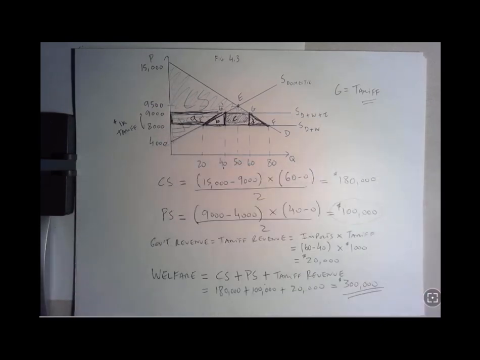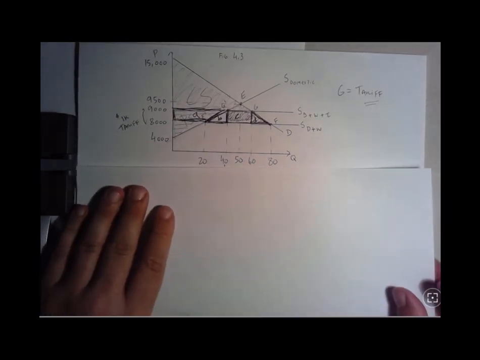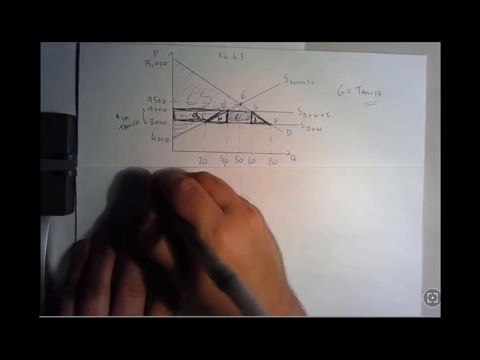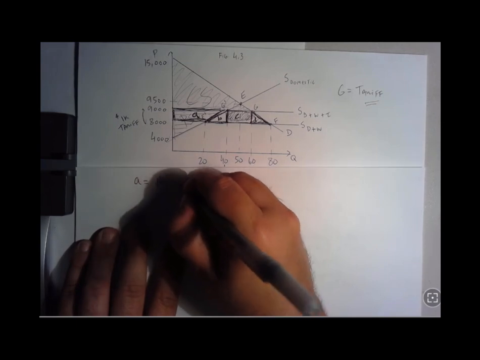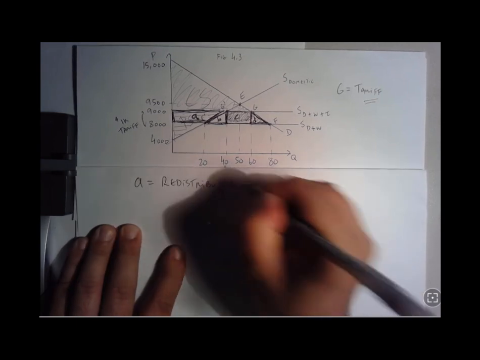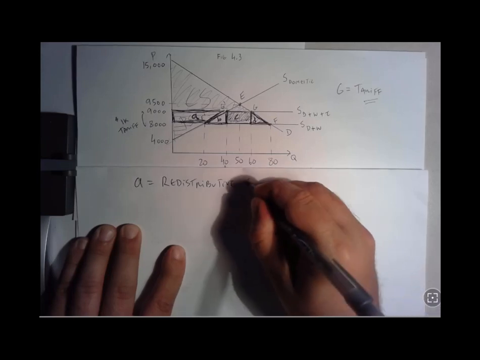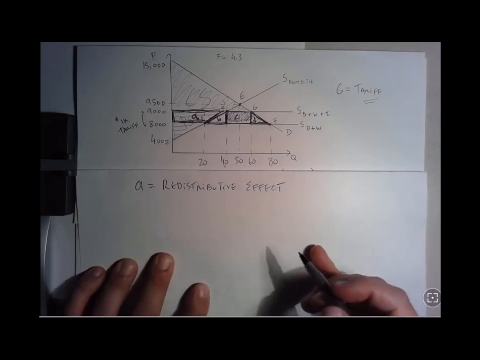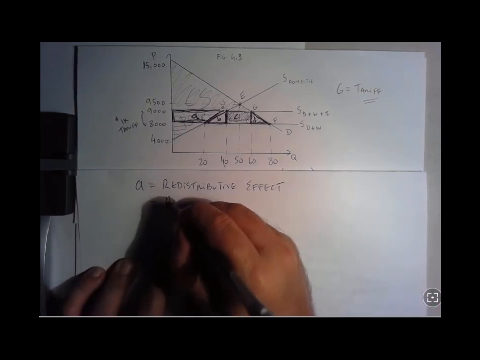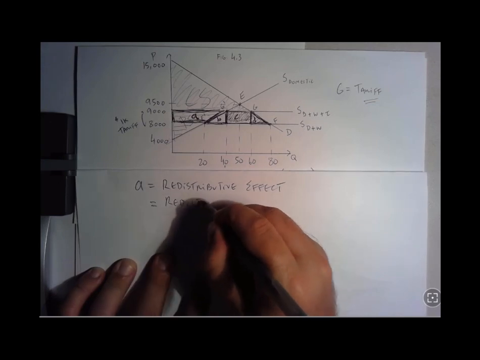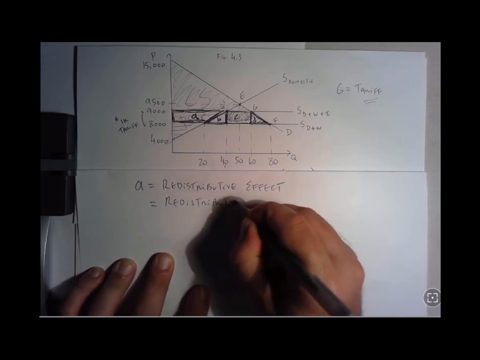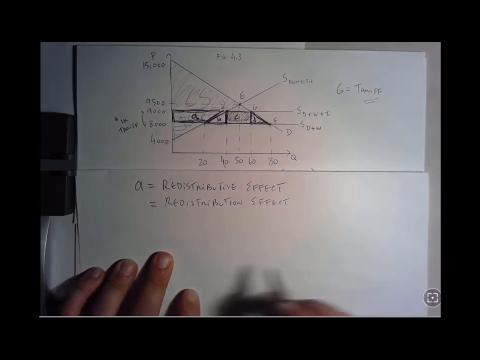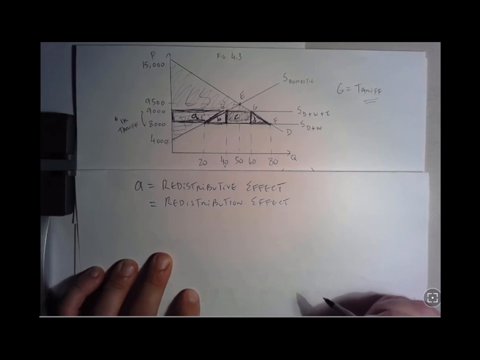So that's what we call the redistributive effect. Area A is what we call the redistributive effect. This redistributive effect is also known as redistribution effect. It's just to show you they are synonymous pretty much.